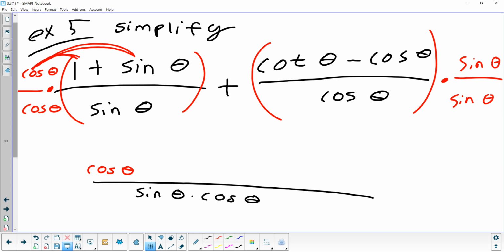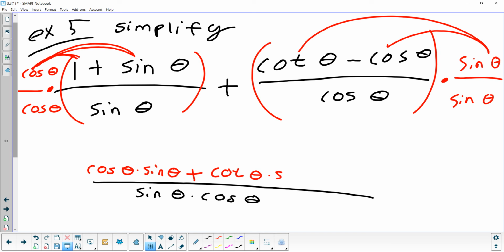So I have cosine times sine plus, and now do the same thing here. We have cotangent times sine. Let's just leave it just like that for now. Cotangent times sine. Negative cosine times sine.